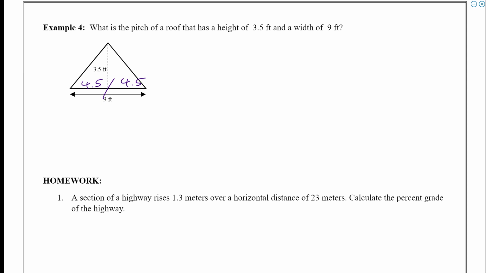This is actually rise over run. So if I had just drawn it as a simple triangle, the hill was 3.5 rise to 4.5 run, for each of those triangles.